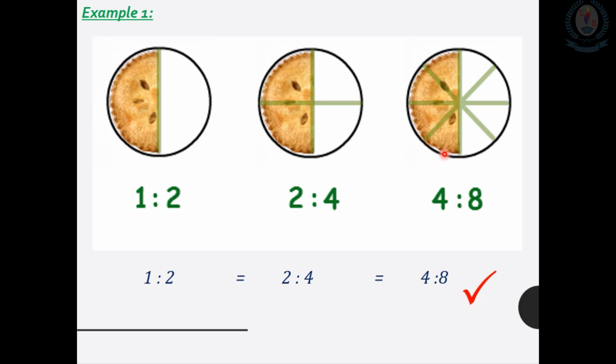See these sizes of pieces of cake, children. What do you think? Are they equal in size? Yes. So these ratios 1 to 2, 2 to 4, 4 to 8 all are equal to each other.